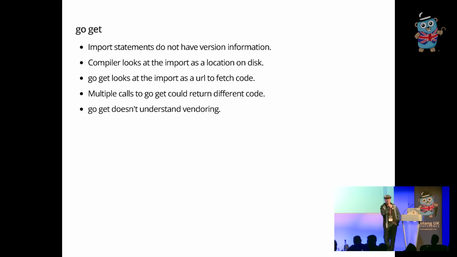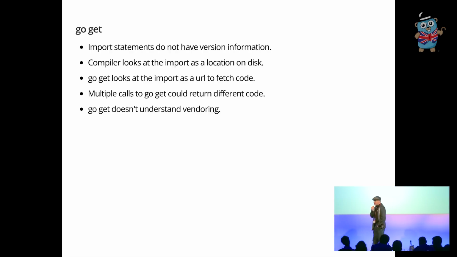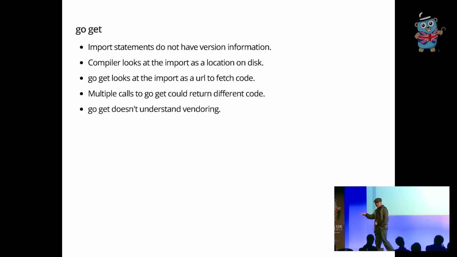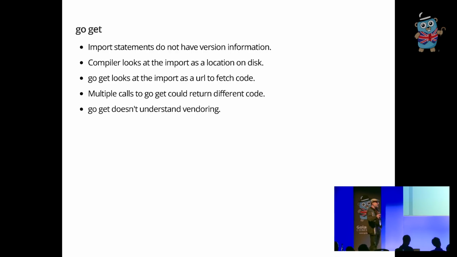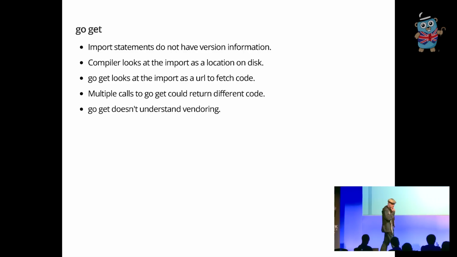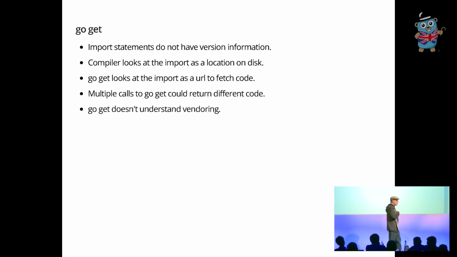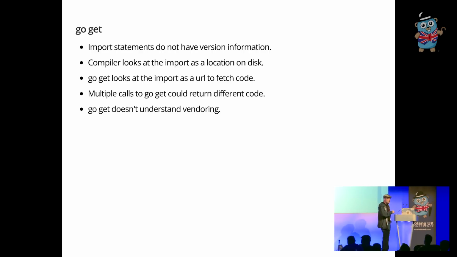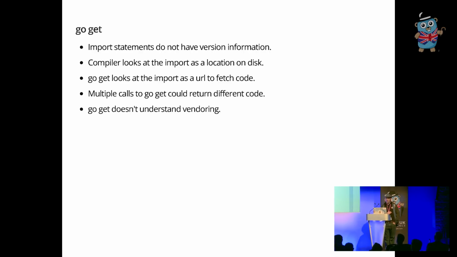I can call go get in 5 minutes from now against that same repo, and something could change. And the compiler looks at that import statement really as a location on disk, right? It looks at it as a location on disk, but go get is looking at that same import as a URL to go fetch code and to place into your workspace.